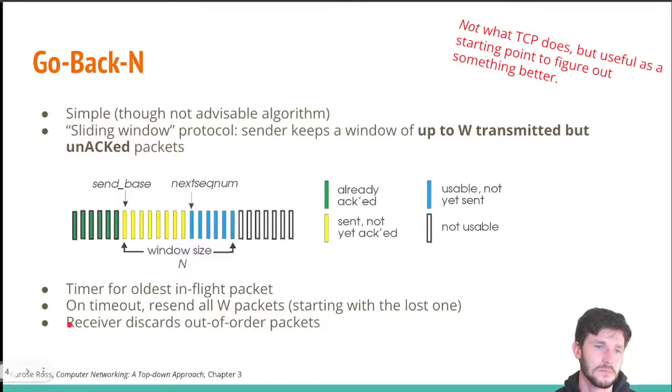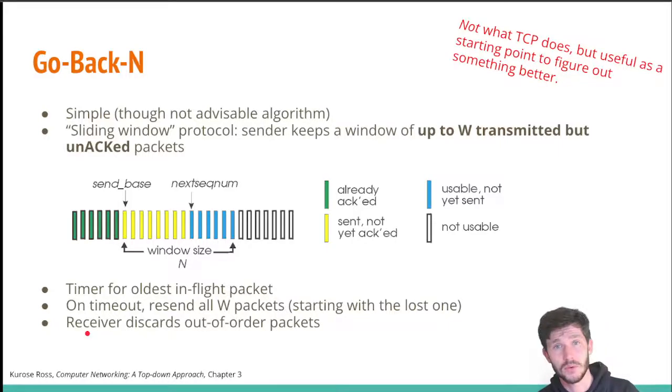This way, the receiver doesn't ever need to deal with packets that are out of order. This is interesting, because if any packets are dropped or not acked, which could happen if they're dropped, or if the receiver decides to just throw away packets which are out of order, the sender is going to resend the full window.